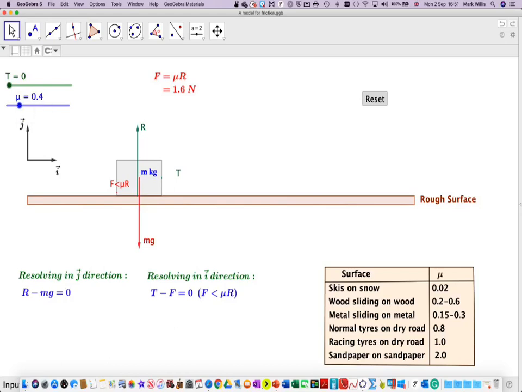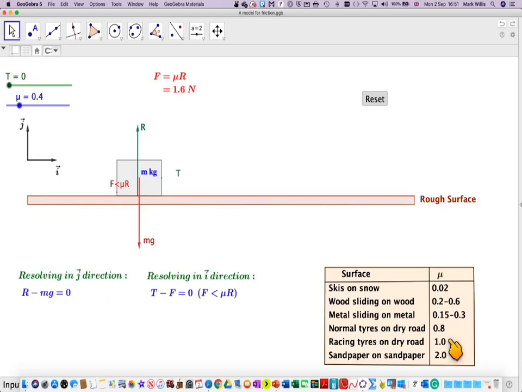Mu changes. Some examples of this: if you like skiing, mu would have to be very, very low, which is 0.02. Wood sliding on wood will be between 0.2 and 0.6, depending on the material of wood. Metal on metal will be 0.15 to 0.3.